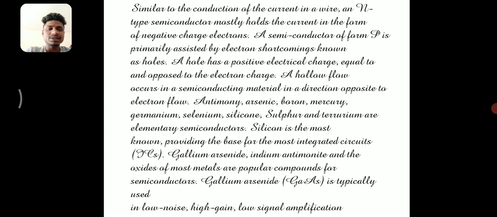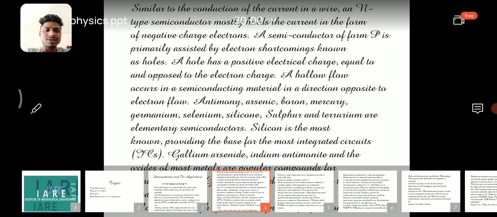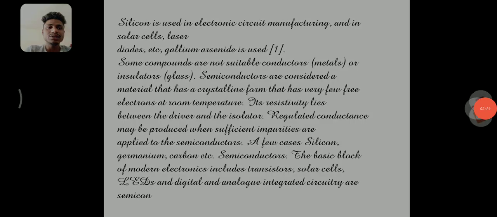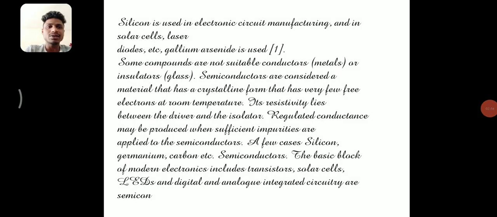Gallium arsenide (GaAs) is typically used in low noise, high gain, low signal applications. Silicon is used in electric circuit manufacturing and in solar cells, laser diodes, etc. Some compounds are not suitable conductors, metals, or insulator glass.